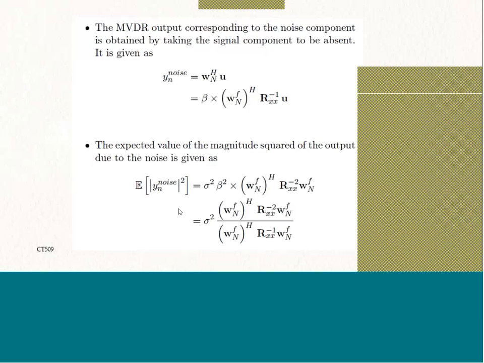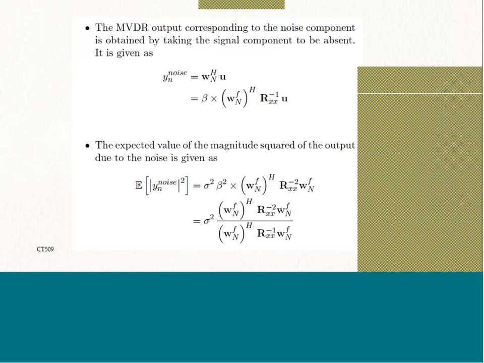But what is probably more important is to look at what is happening to the expected value of the magnitude squared of the output itself. We want to know what is the expected value of |Yn|^2, because remember that is what was giving us, in the case of the DFT filters, the power spectrum.